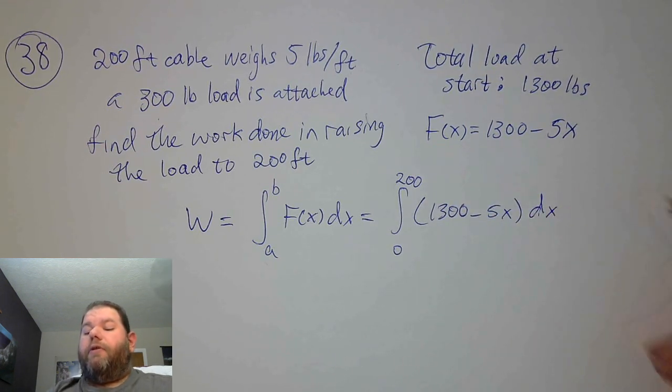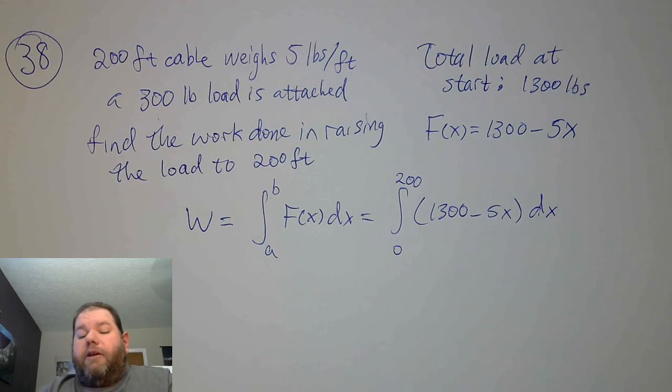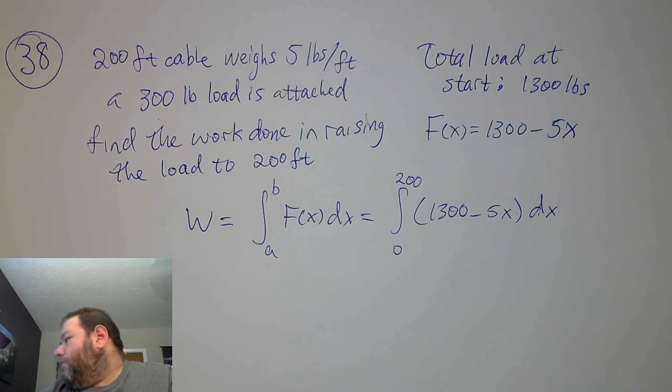So we want to find 1,300 minus 5x integrated from 0 to 200. Again, this is the most significant portion of these force problems, actually figuring out the formula that needs to be integrated and getting the correct limits of integration, both for number 33 and for 38.